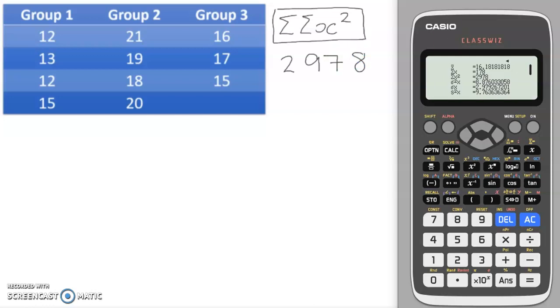Now I have my sums of squares, I can calculate some of the other sums of squares options. The first one to calculate, which is also the first one in the formula booklet as they come in order, is the sums of squares total. And that formula is given as the value we've just calculated minus all the x values added together squared over n.